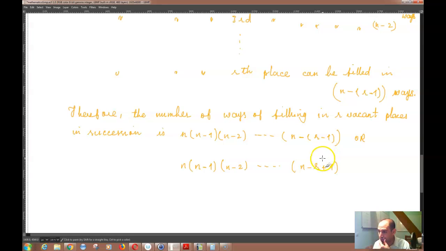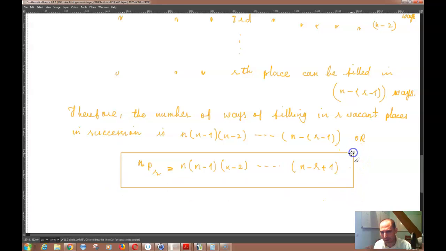This expression for n permutation r is cumbersome. This would be denoted as n permutation r, which is all the different ways of filling in r vacant places with n objects, or n taken r at a time.